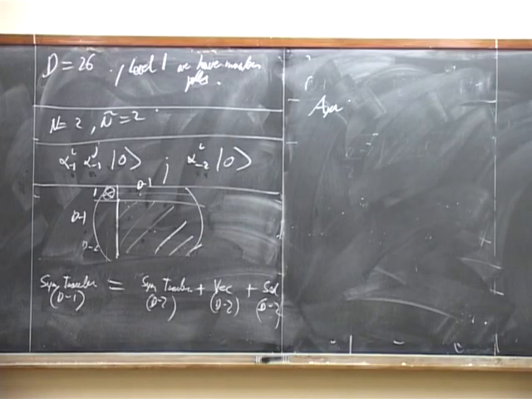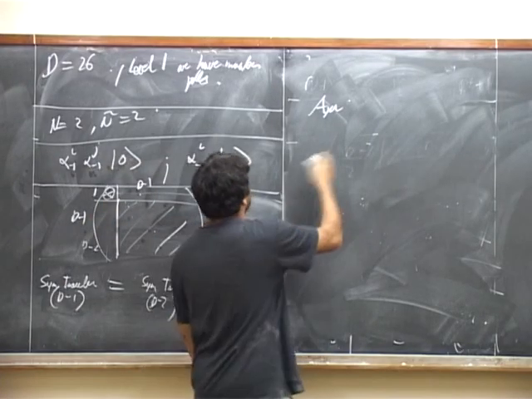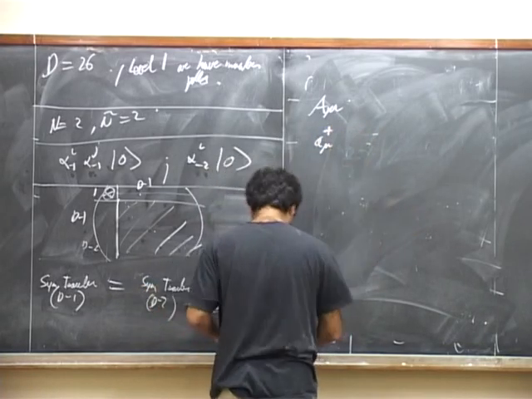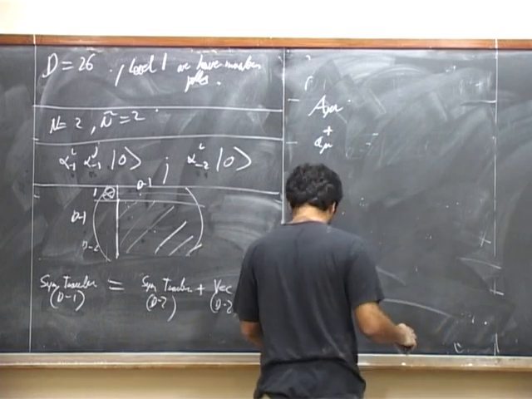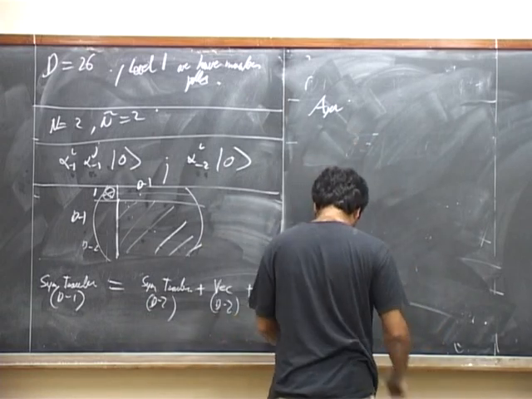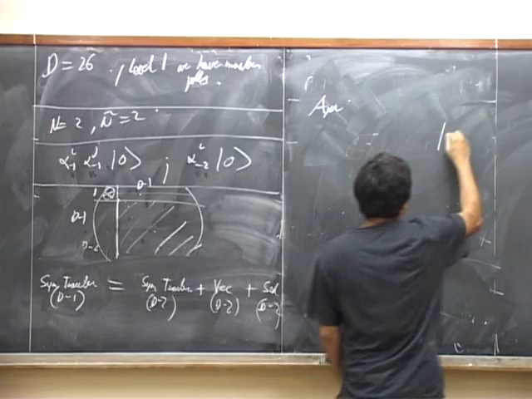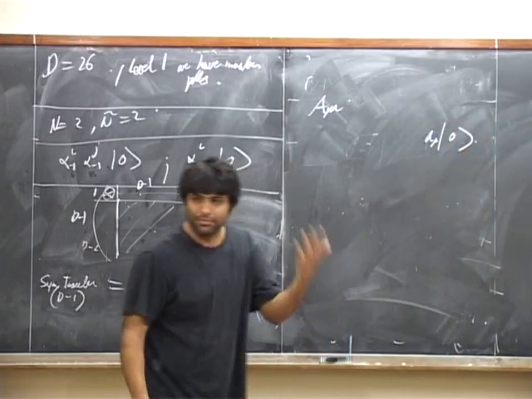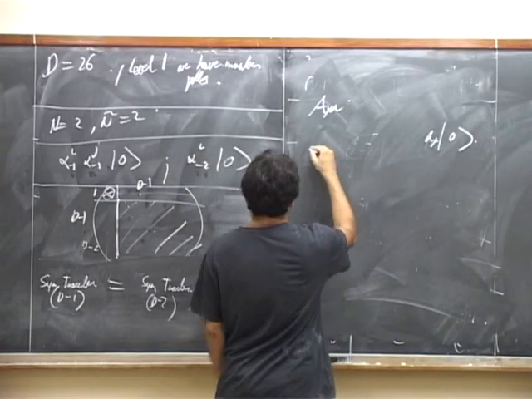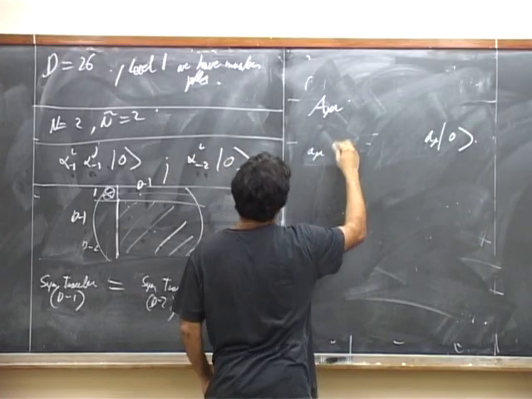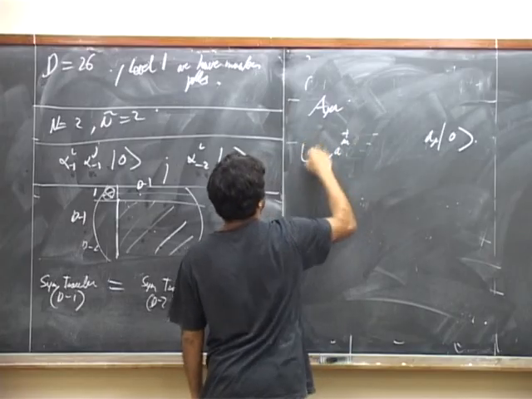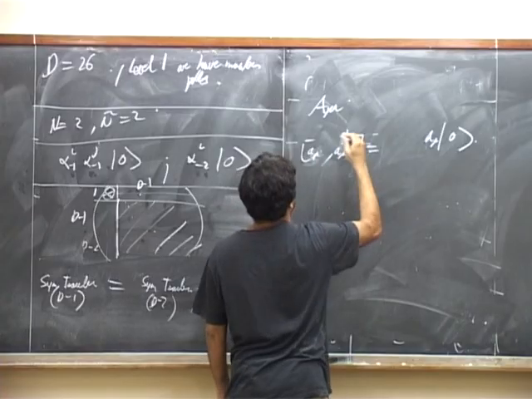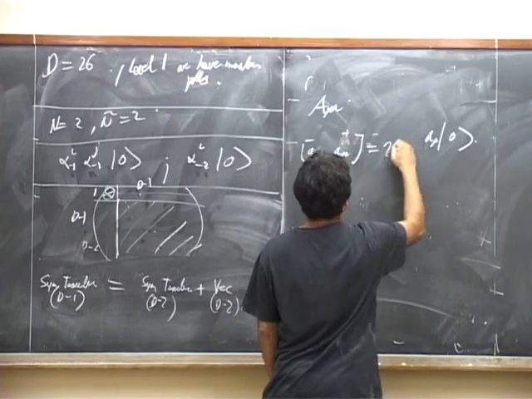When you do the canonical quantization in a manifestly vector invariant fashion, you get a_μ dagger, and you define a_μ as the object that annihilates the vacuum. So that's the creation operator. You get the canonical commutation relation [a_μ, a_ν dagger] equals η_{μν}.